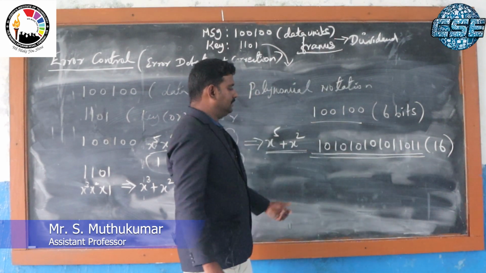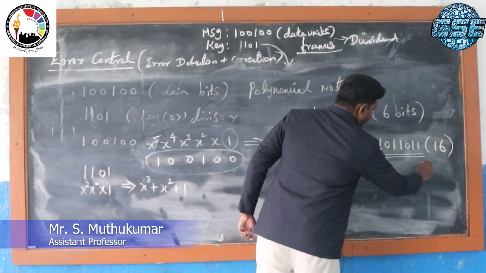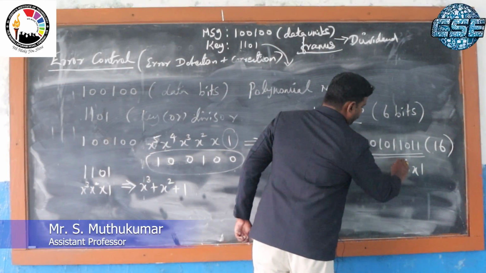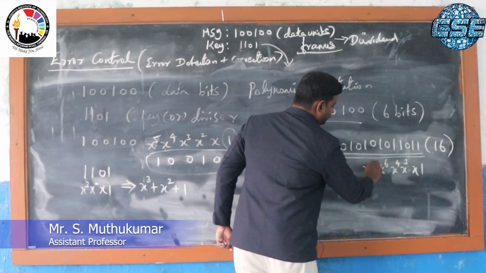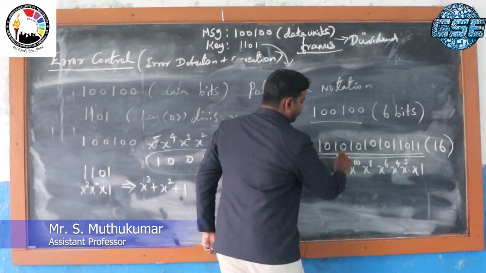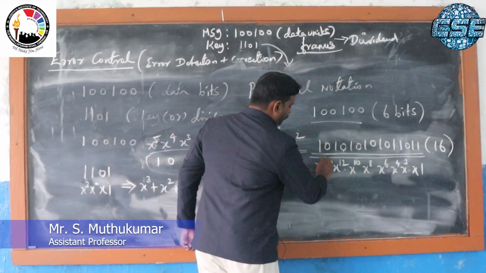Can you convert this into the polynomial notation? We can easily convert it: 1, x power 2 is 0, then x power 3 and x power 4, 5 is 0, x power 6, 7 is 0, x power 8, 9 is 0, x power 10 and 0, then x power 12 and 13, x power 14.